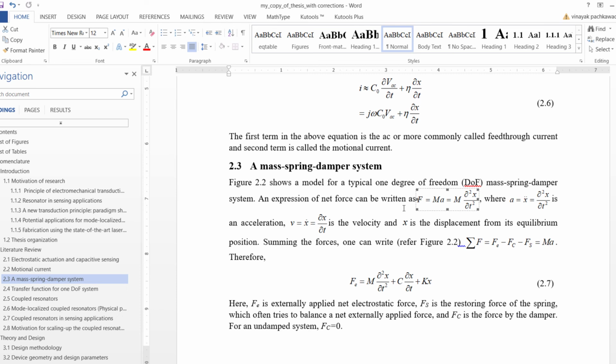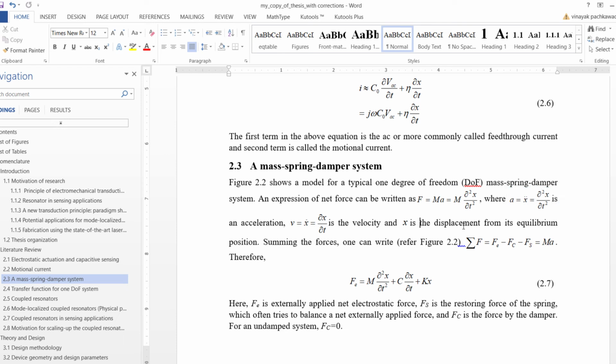So we can write it as F equals m times d square x over dt square, where the acceleration is basically a double derivative, and we can also write it as x double dot. So x is a position, x dot is a velocity, x double dot is an acceleration. We write here velocity v, that is x dot, which is a single derivative of displacement, that is dx over dt, and x is the displacement from its equilibrium position.